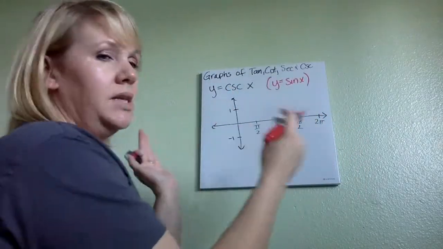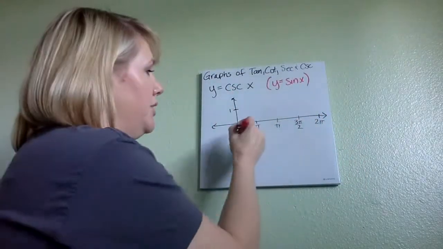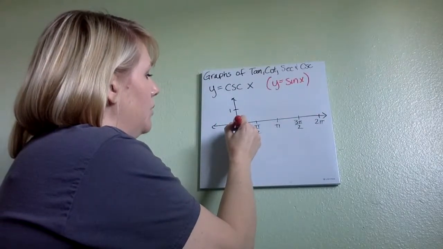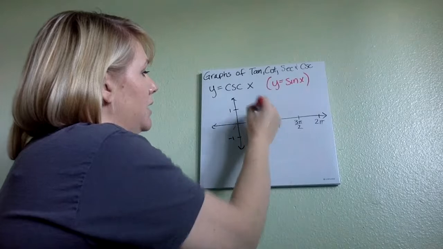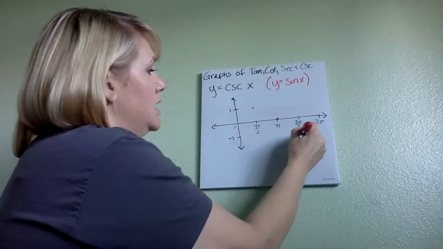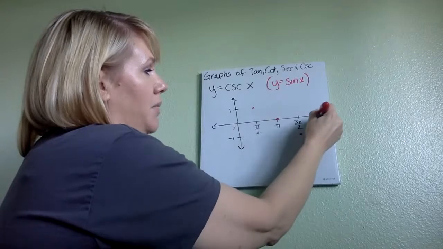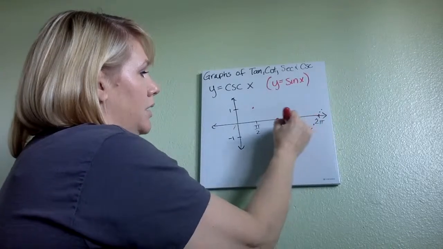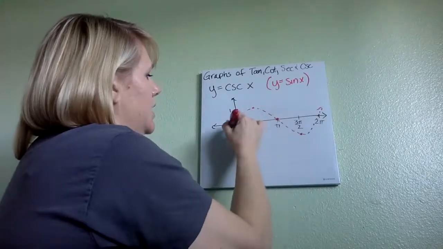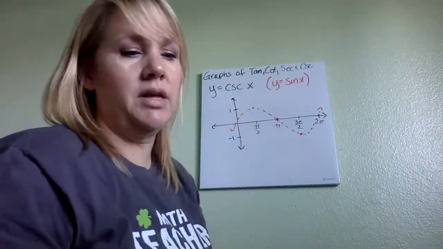Since it's sitting on the x-axis and hasn't been shifted up or down, it starts at 0, 0. So it would go up to a maximum at pi over 2, back to the x-axis at pi, down to a minimum, and then back to the x-axis. So that's what the basic sine function looks like. We've graphed that lots of times.